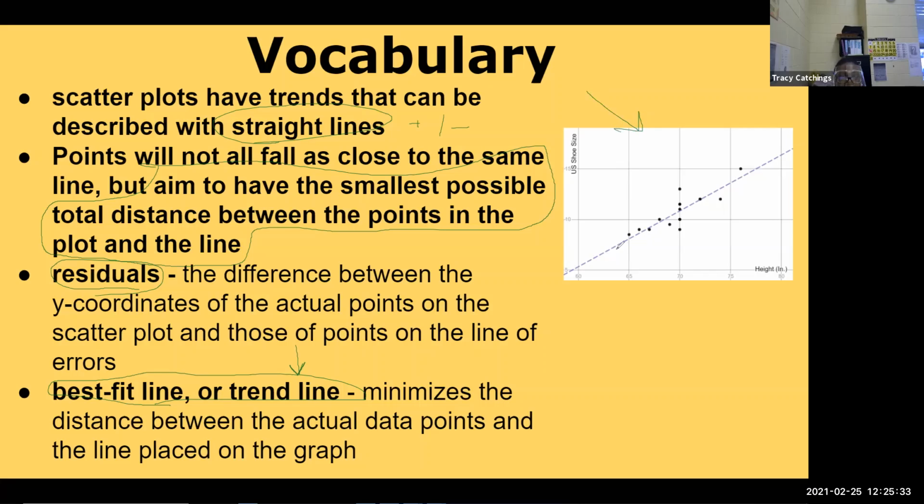This is a trend line that's going through this scatter plot. What do you notice about the points? Or what did that line do to the points? Okay, they are together.